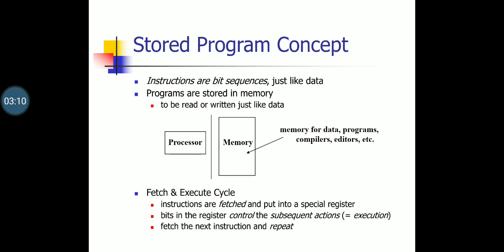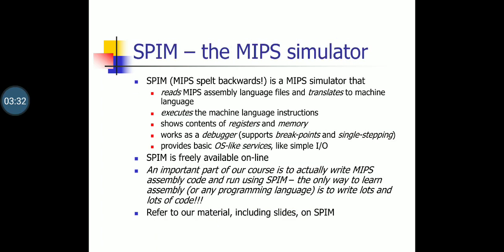The memory may include data, programs, compilers, editors, everything. The instructions are fetched and put into a special register. The bits in the register control the subsequent actions, that is the execution, and then fetch the next instruction, and the process repeats. This cycle is called the fetch and execute cycle.